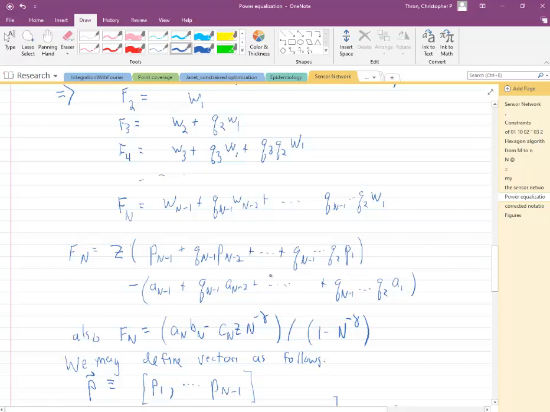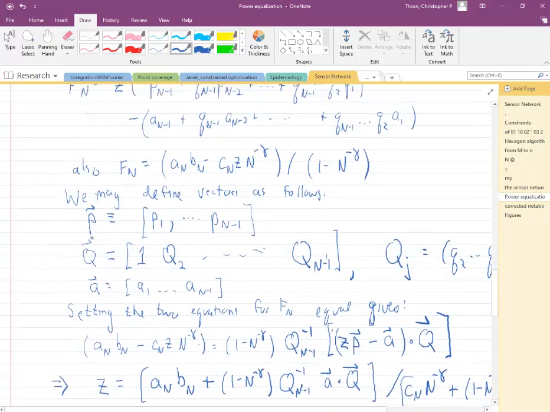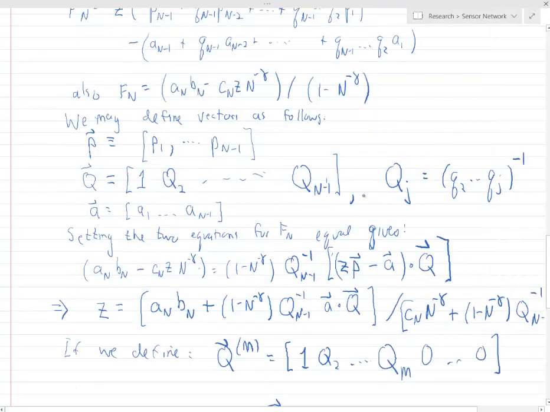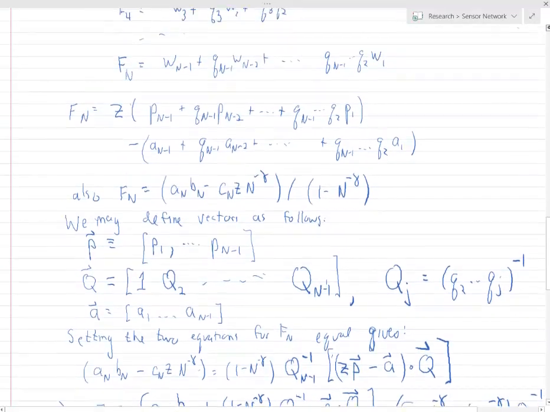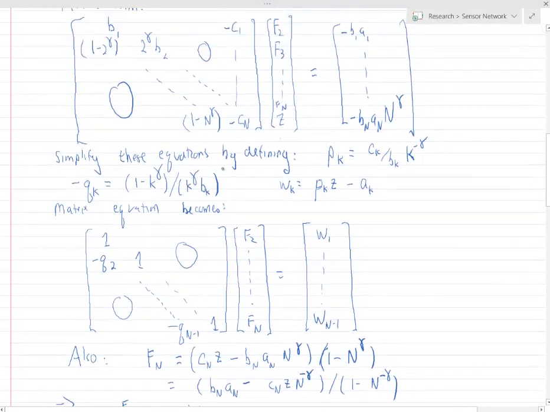Now, to simplify the expression of these equations, I can define a vector I call P and a vector I call Q. And then I also define the entry of capital Q in terms of the small q. We define Q up here. Q is defined up here, you see? And then capital Q is the product of the small q.